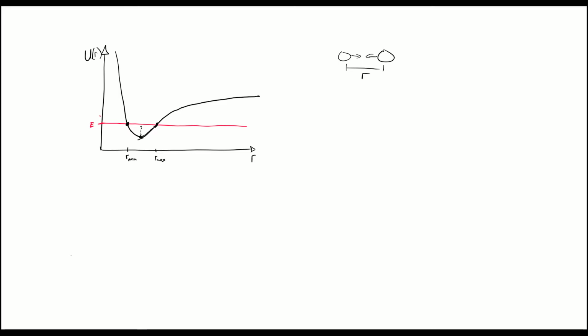We also know that at this point here, we'll call it R naught, that's where the bond's in equilibrium. That's sort of a way of thinking about the equilibrium bond length. So as the atoms get closer together, we've got a steep negative slope, which means the force is going to be in that direction, pushing them apart.